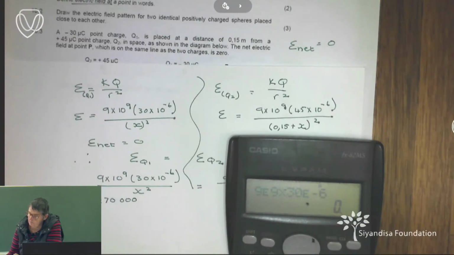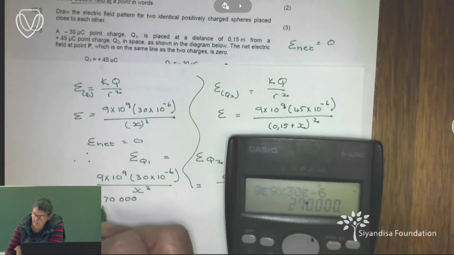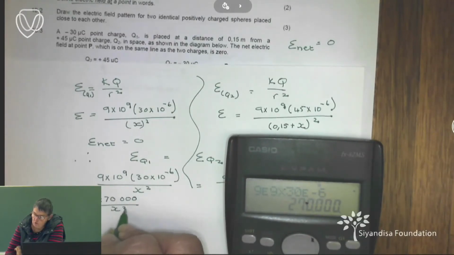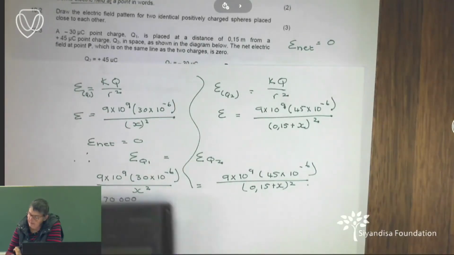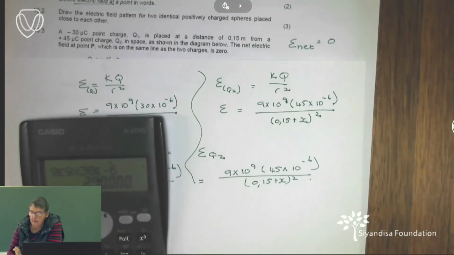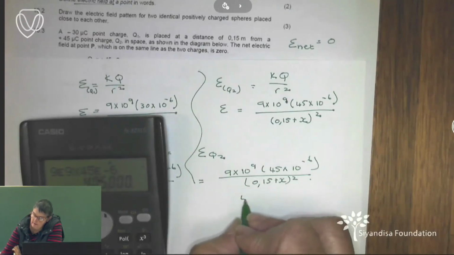So that should give me 2, yes, that's right, over x squared. Okay. And then on this side, I'm going to have 9 times 10 to the 9th times by 45 times 10 to the negative 6. And that's going to give me that.